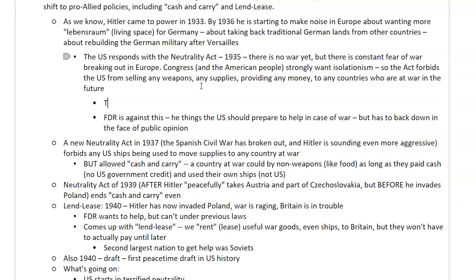This is to prevent the sort of thing that led the U.S. into World War I. If you remember, Woodrow Wilson, before World War I, had wanted to keep the country out of it, but had started using American ships to supply the Allies, had been selling material to them. There was some question about how much in the way of ammunition and arms was being sold, etc. So we want to stay out of it.